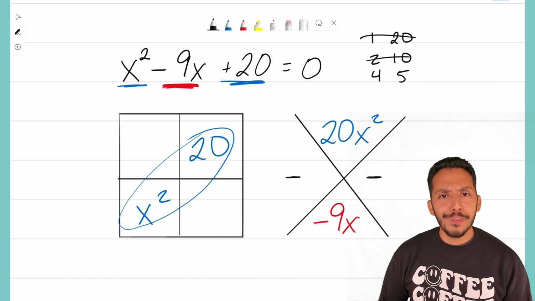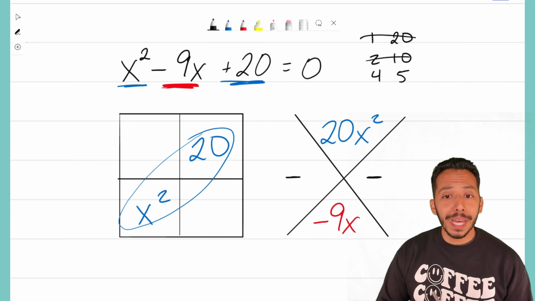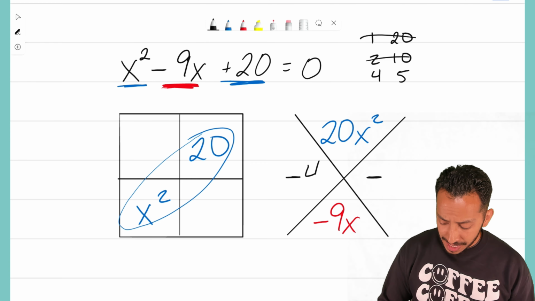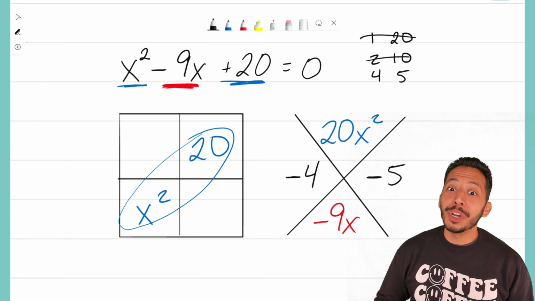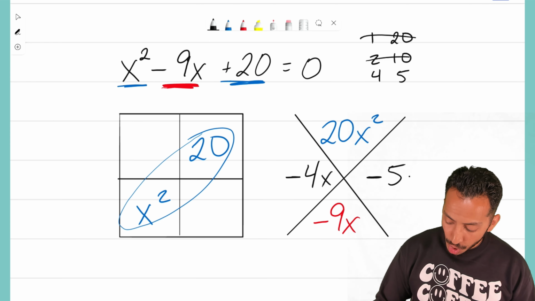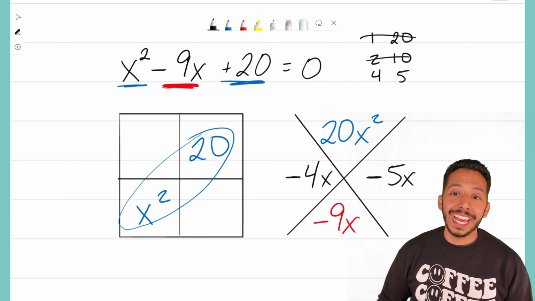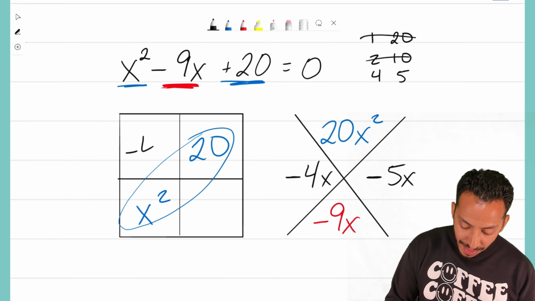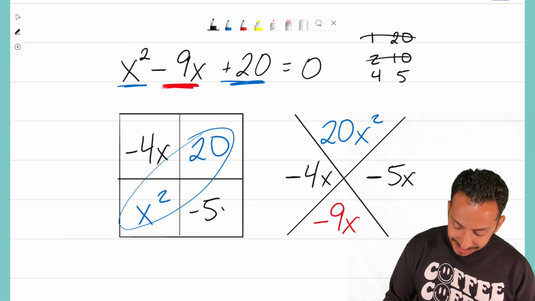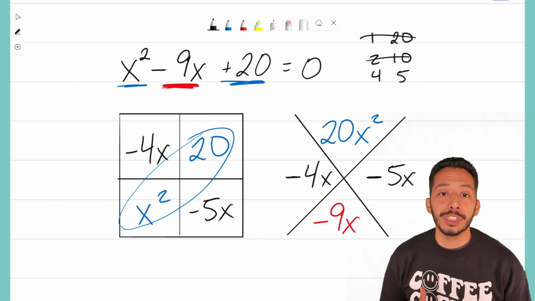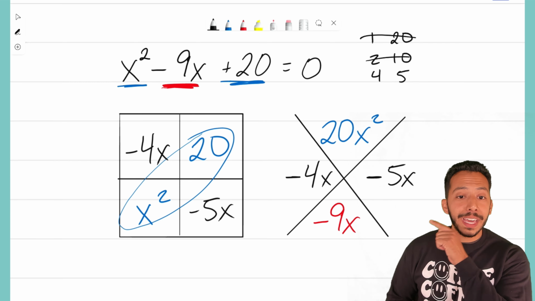And look at that, 4 and 5 multiplied to 20, right? Negative 4, negative 5. And when you add those two together, we're going to end up with that negative 9x. We know for a fact that those are the two missing pieces that are going to help us factor this quadratic.